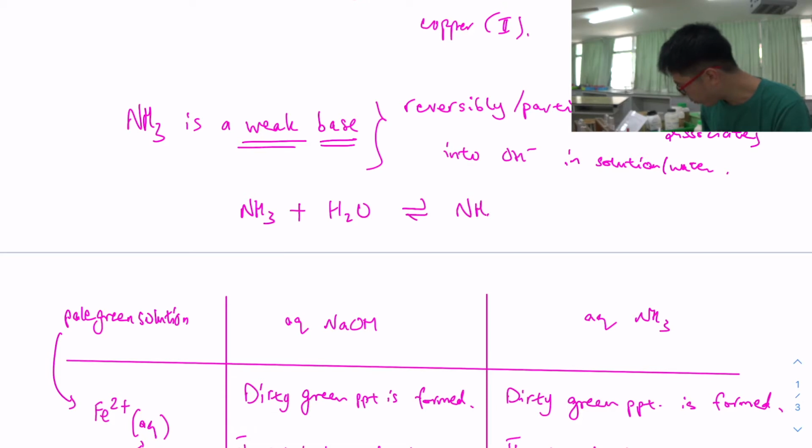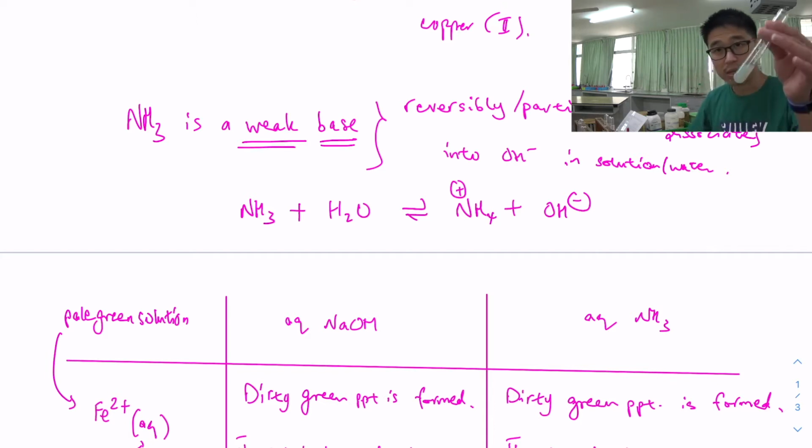Can you write an equation to show this? Of course, NH3 plus H2O reversibly gives you NH4 plus, which is the ammonium ion, and OH minus. It reversibly, partially ionizes. The equilibrium favors the left hand side because it only partially ionizes into OH minus ions. It's a weak base.